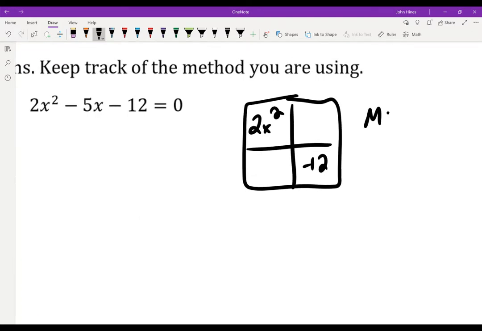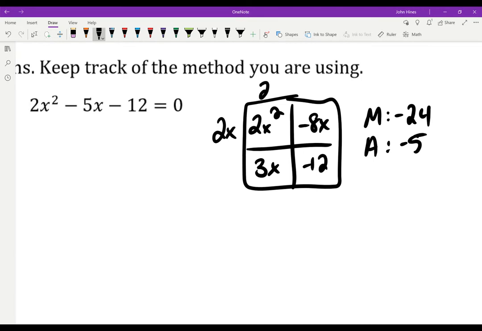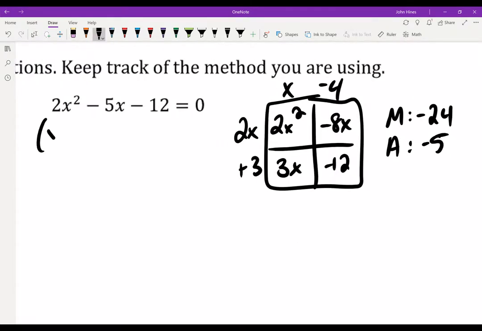And we ask ourselves, what multiplies to negative 24, their product, that adds to the middle term? Well, I'm thinking it's -8 and +3. Yeah. 2x goes there, which makes that a plain old x minus 4. And that's a +3. So factoring was actually a quick method here.